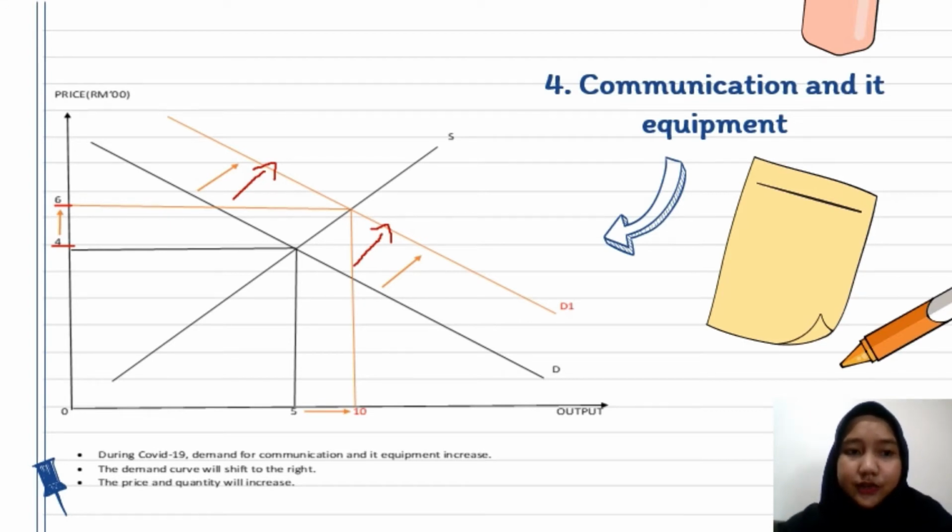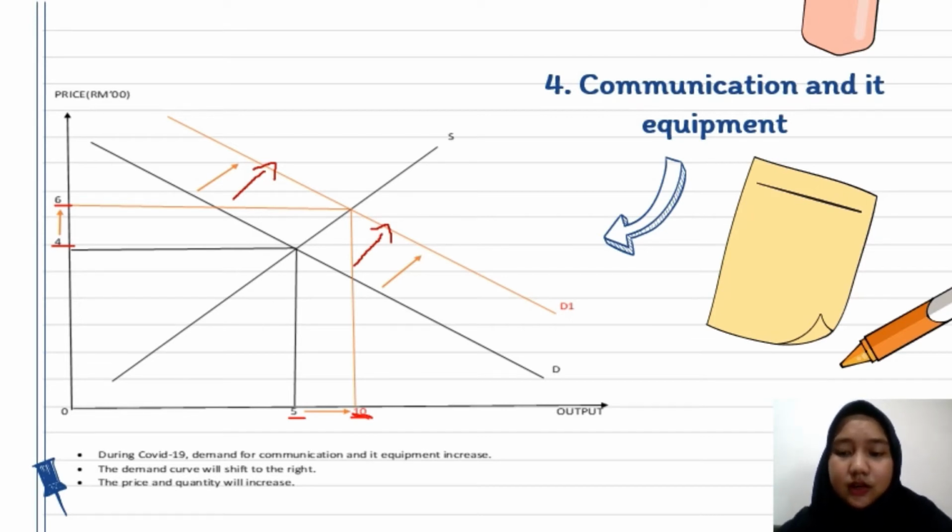And then, of course, if the price increases, the quantity will also increase. Maybe before this they supplied 5 units, but due to the increase, they produce more, because the customers are willing to buy, so they produce 10 units of laptop.